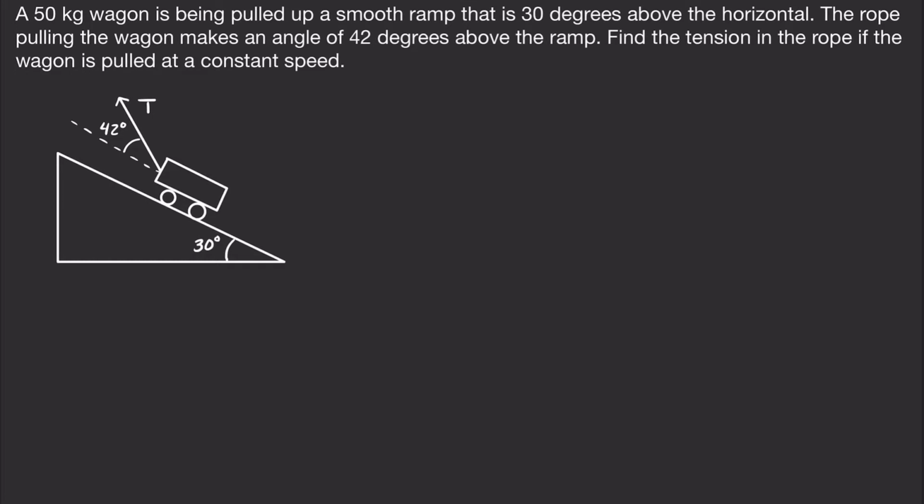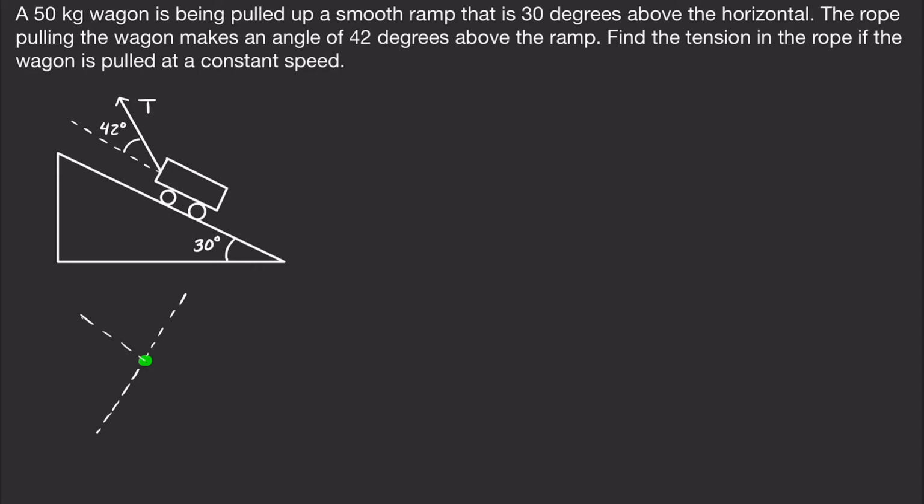The first thing we want to do is make a free body diagram for our wagon. Since this wagon is moving on a ramp, we typically want to rotate our coordinates to make our forces align with our x and y directions.